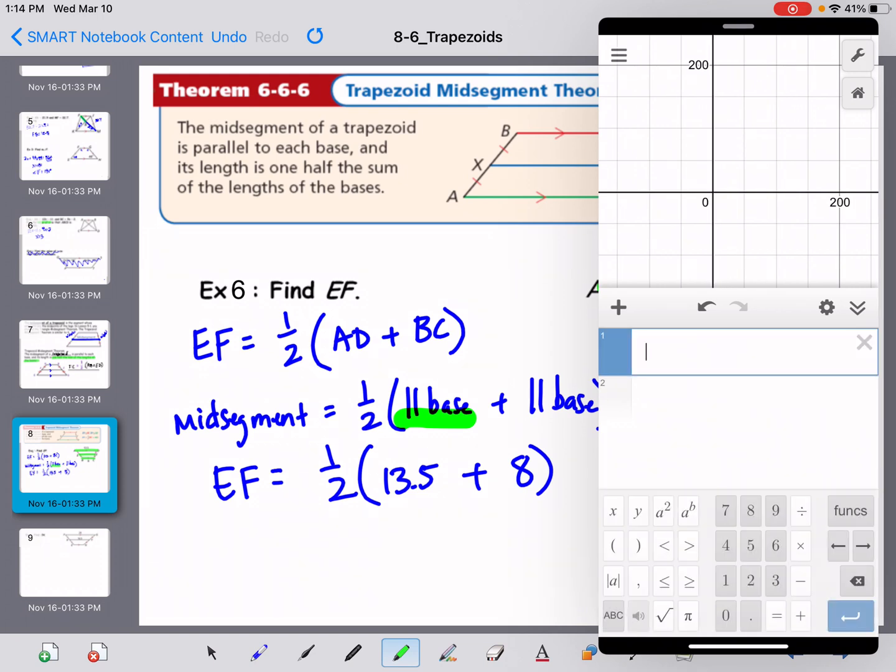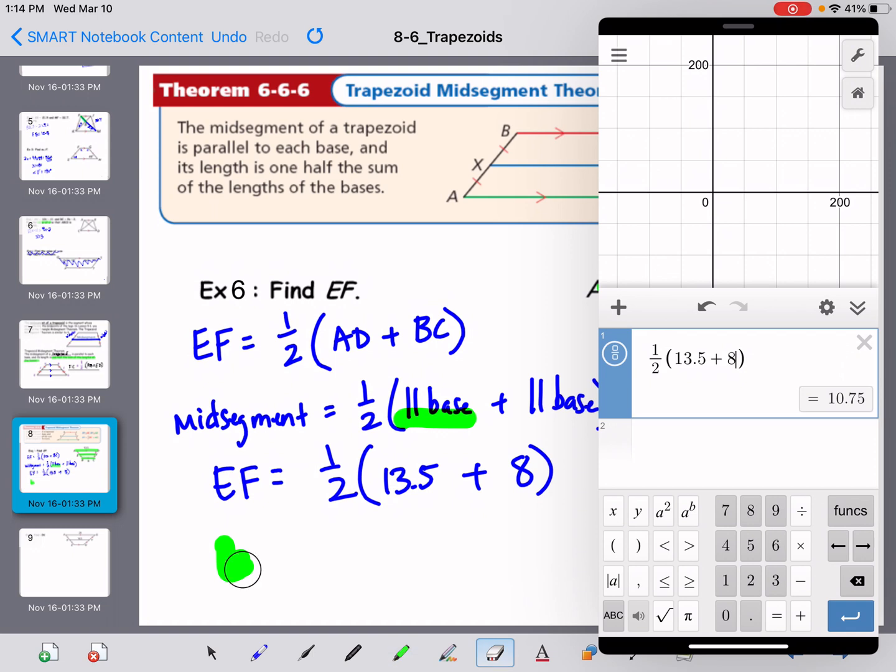I'm going to be really careful when you type this in. I'd hit that division bar first and get that fraction out in the front. Make sure you get your parentheses in there. And now we're just going to say 13.5 plus 8. I'm going to get that EF is 10.75.